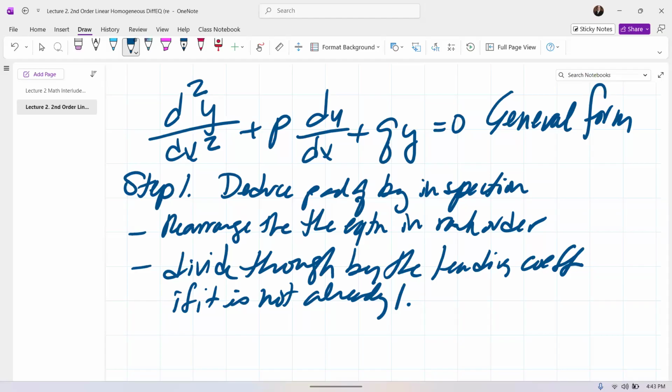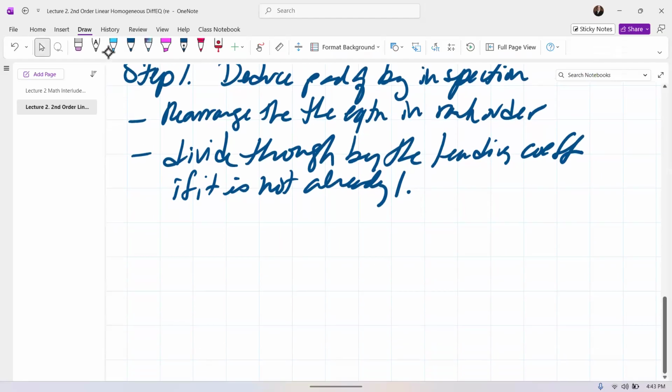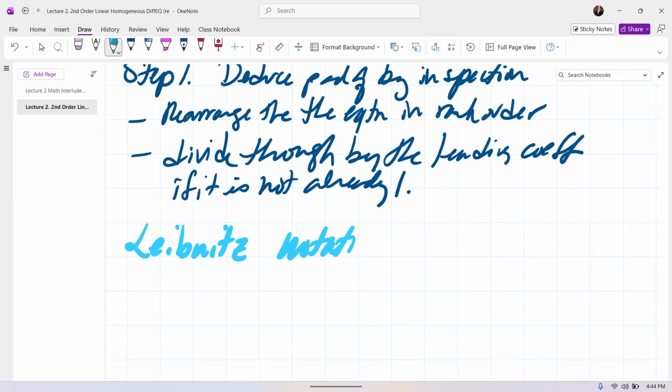It may also be useful for us to do a short little aside here. We have the Leibniz notation. This is the d/dx kind of notation, and this was used for the derivative.